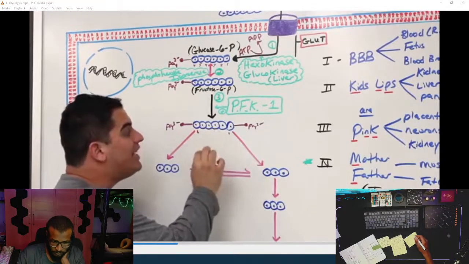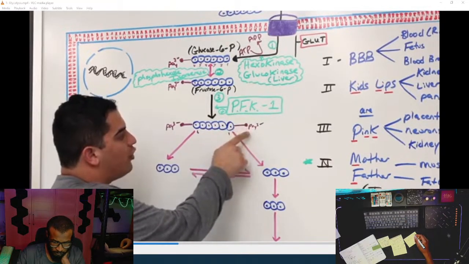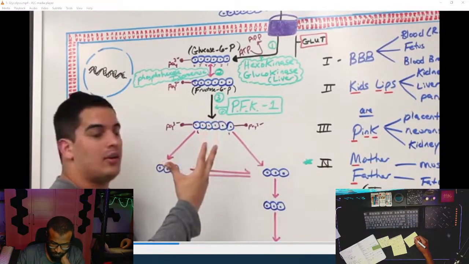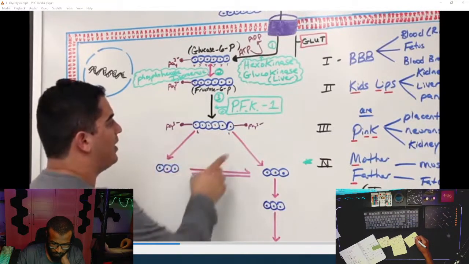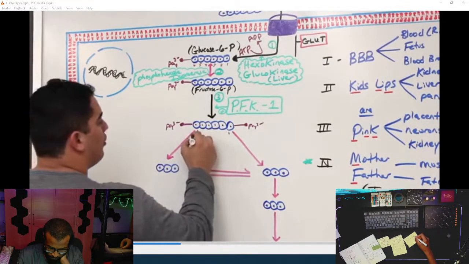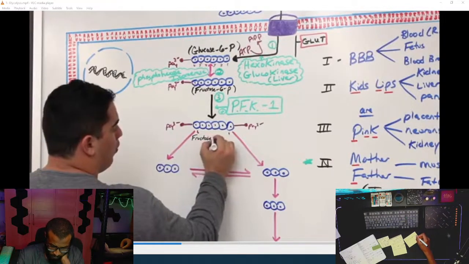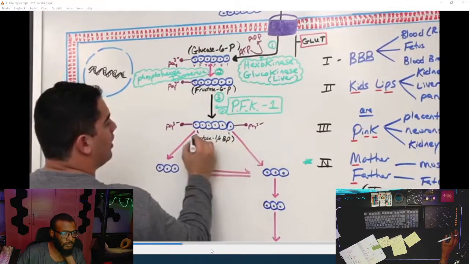So bisphospho means that the actual phosphate groups are separated. They're a couple carbons away. Or biphospho means that they're right next to one another. But in this case, it's bis. Okay, so what is this molecule called? Fructose 1,6 BP, bisphosphate.